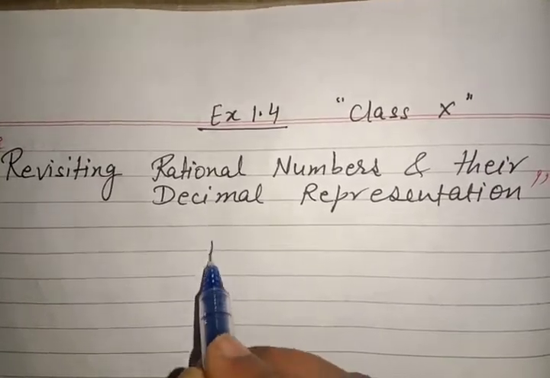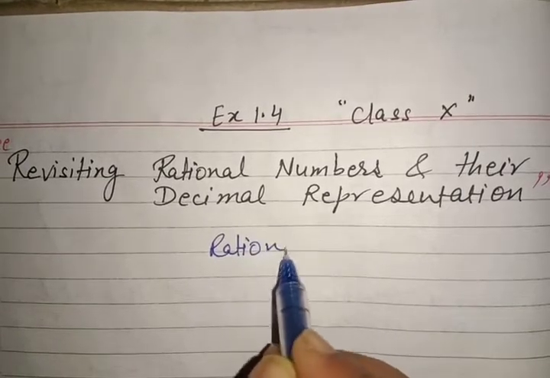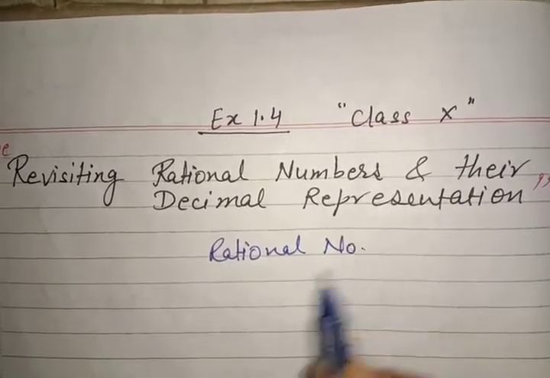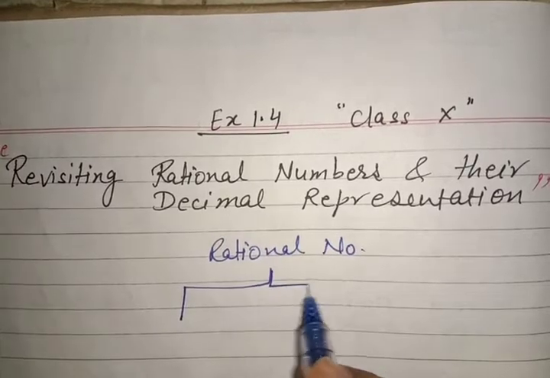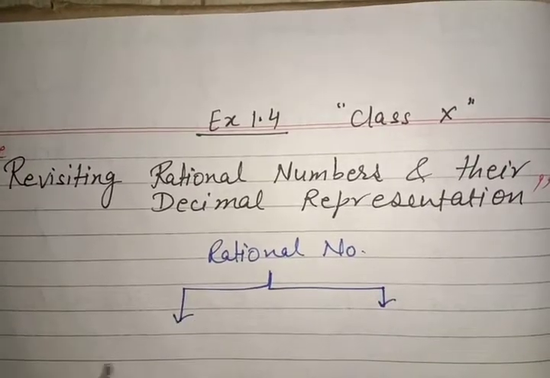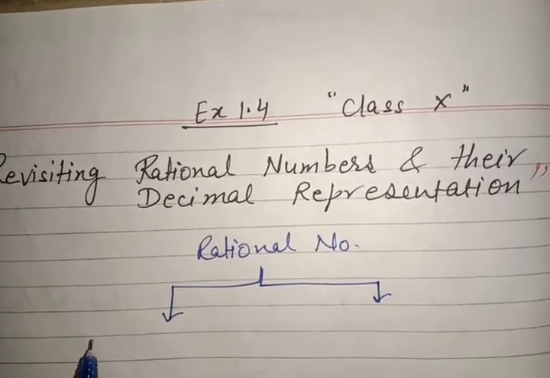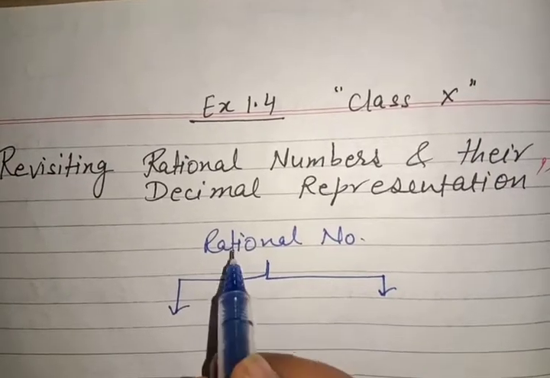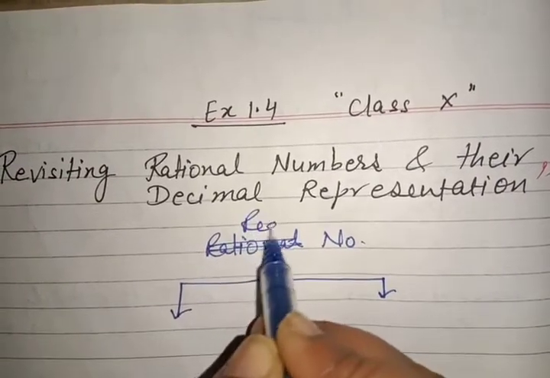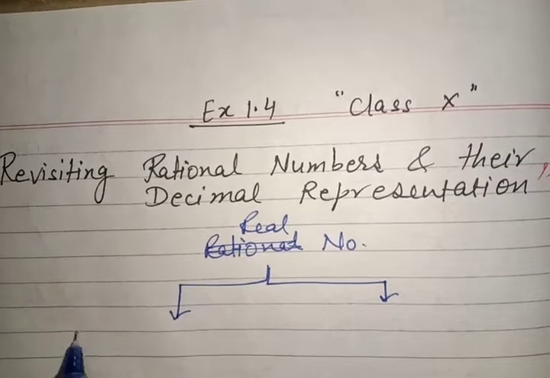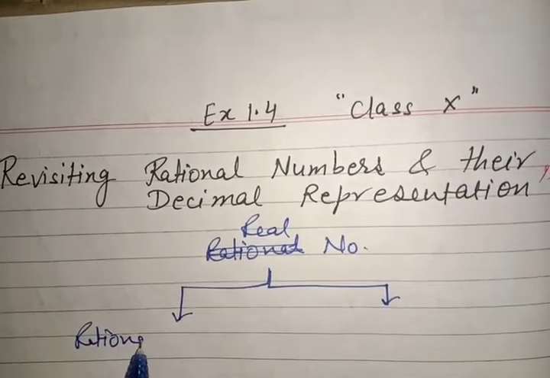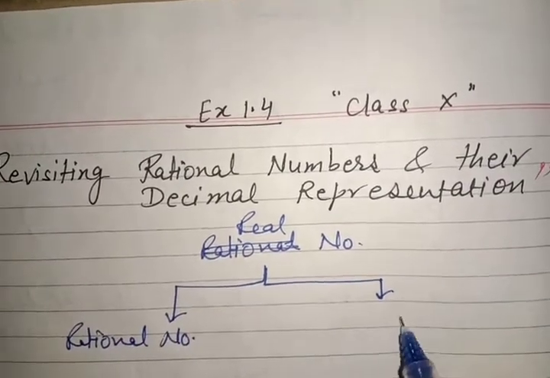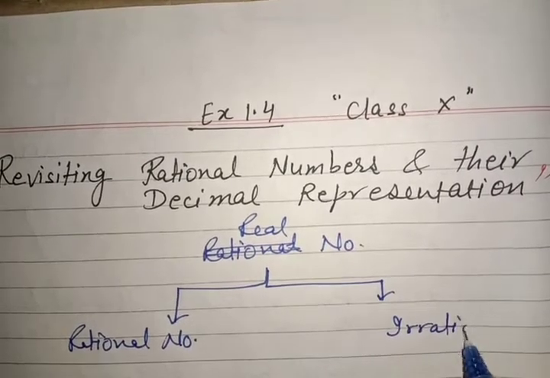So real numbers, as you know, can be categorized into two parts, or you can say it is a collection of rational numbers and irrational numbers.